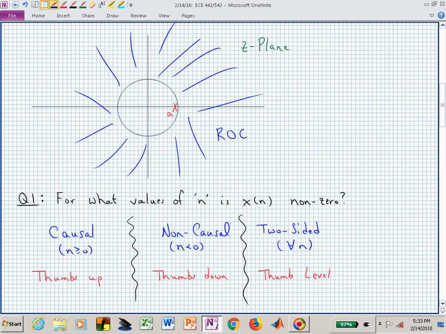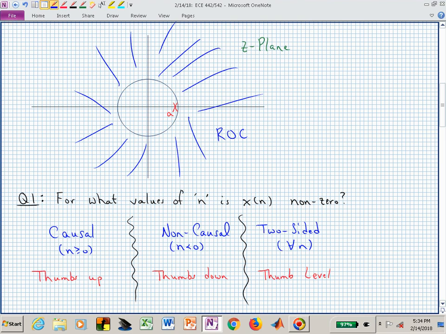So with this particular picture, we have the region of convergence shaded, and the question is, for what values of little n is this time sequence x of little n non-zero? When is it going to have some activity? For what values of n? Are those values of n non-negative?